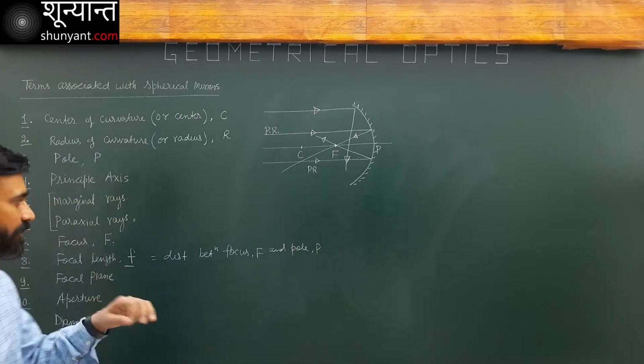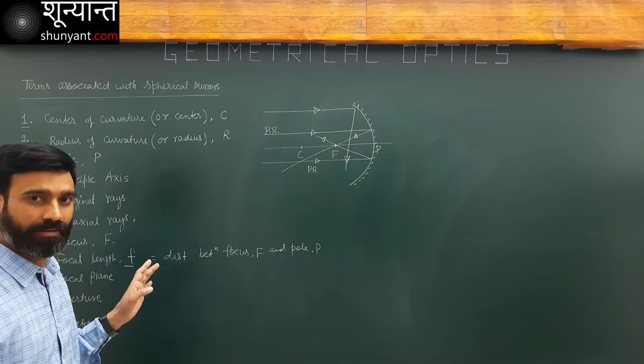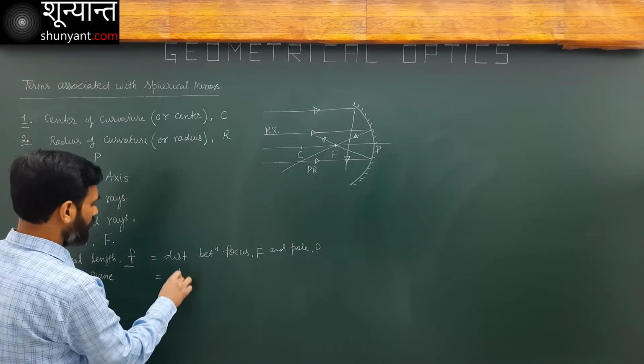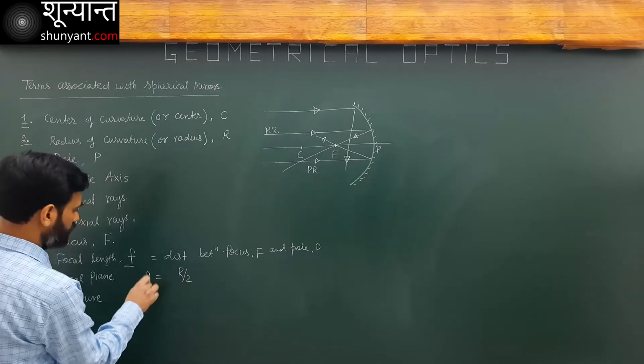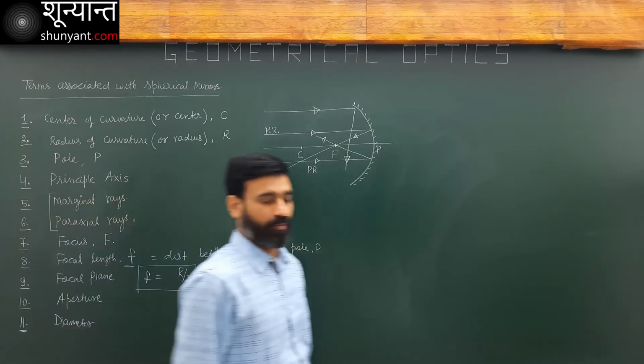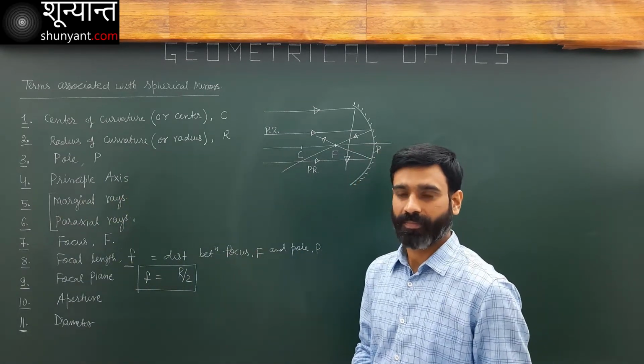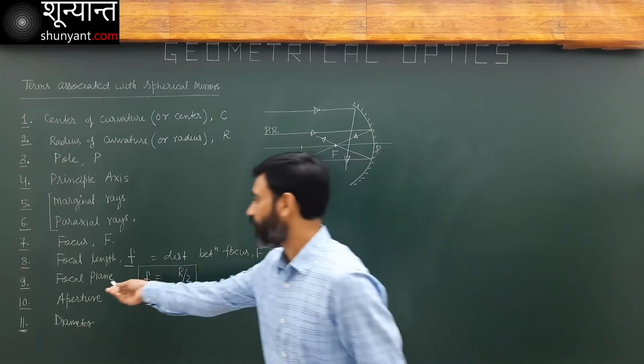The distance between focus and pole is called focal length. It is equal to R by 2. Note, focal length is equal to R by 2. Okay, now the next is focal plane.